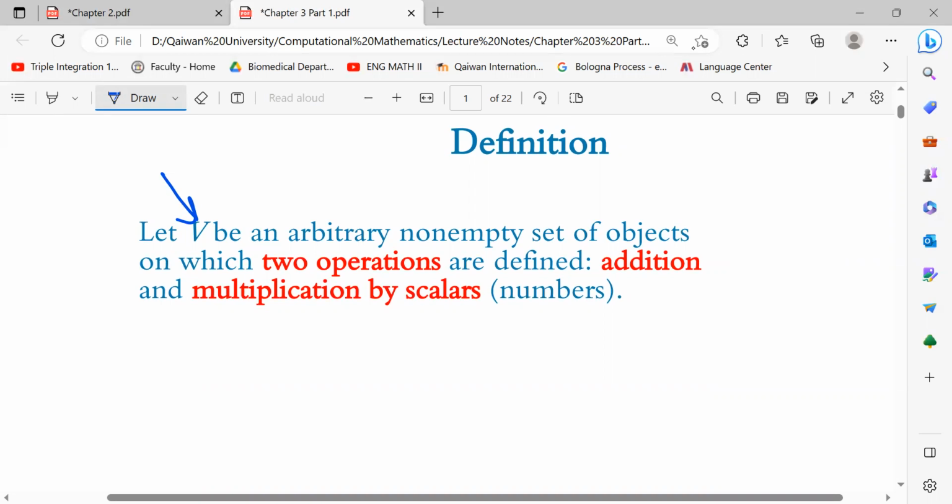We say, if the components of V satisfy two operations, addition and multiplication by scalar, if the components of V are defined for addition and multiplication by scalars.